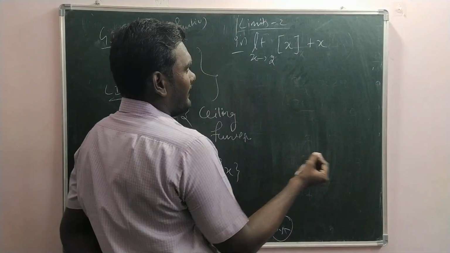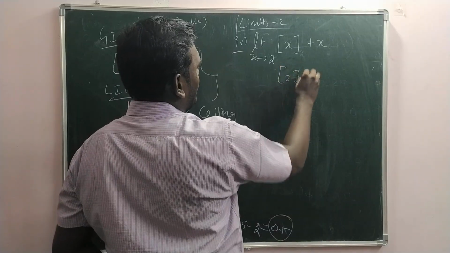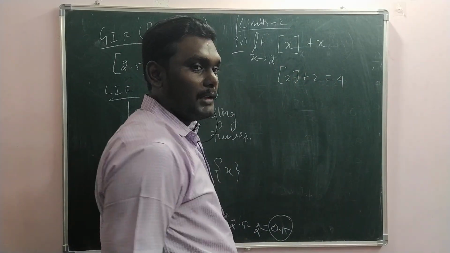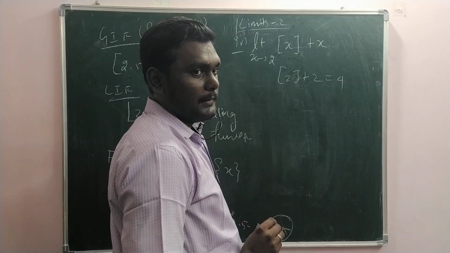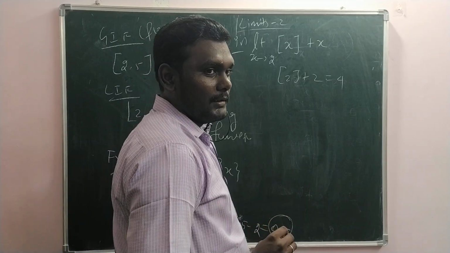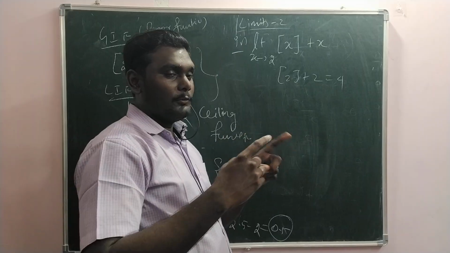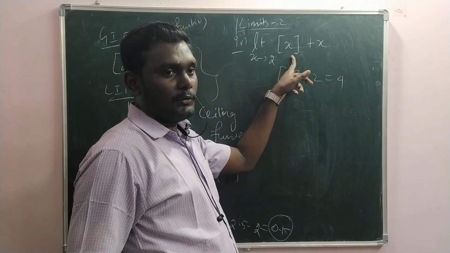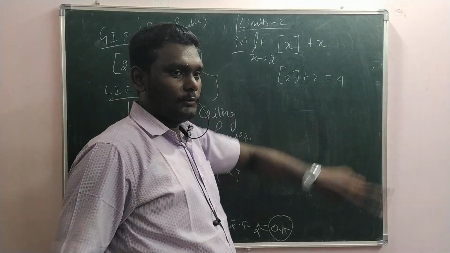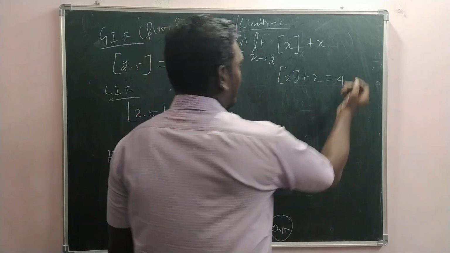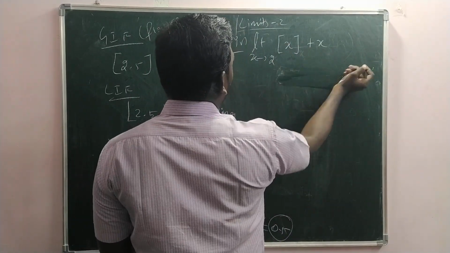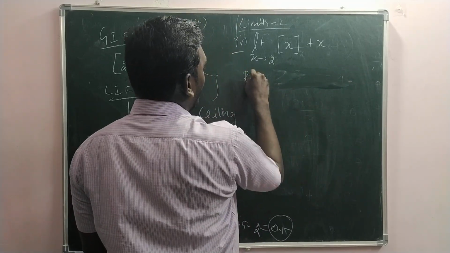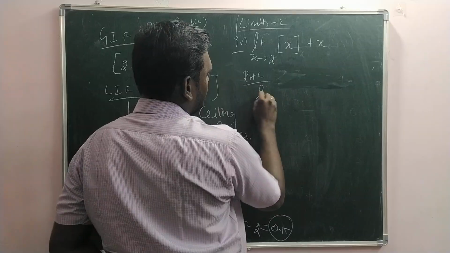Okay. So x approaches 2, you may simply put 2 plus 2 which is 4, and think the limit exists, but it does not. Why? Because this has two different values before and after 2. Suppose you put 1.9, the result is 1. 2.1 means result is 2. Is it or not? So we should check whether both limits meet or not. Okay. So I am going to calculate RHL, right hand limit.